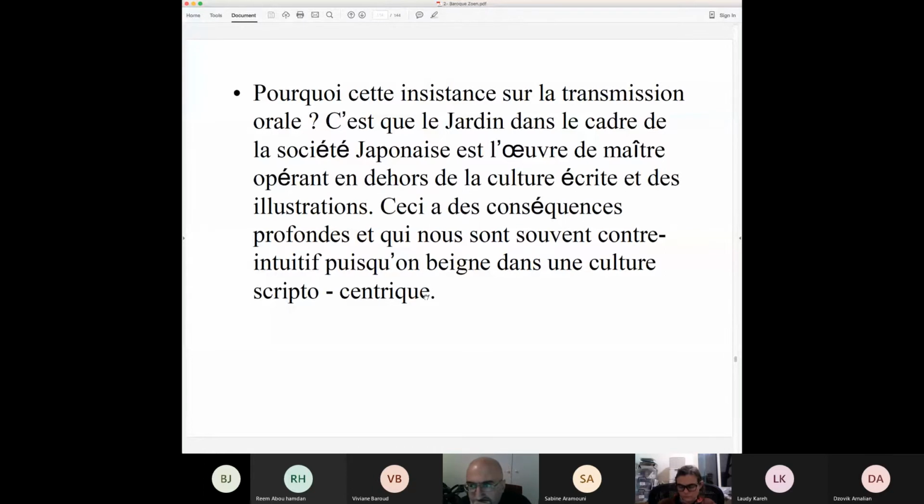In that, gardens within Japanese society are the work of masters operating outside of the written tradition, outside of visual illustrations. They are, in fact, transmitted orally.